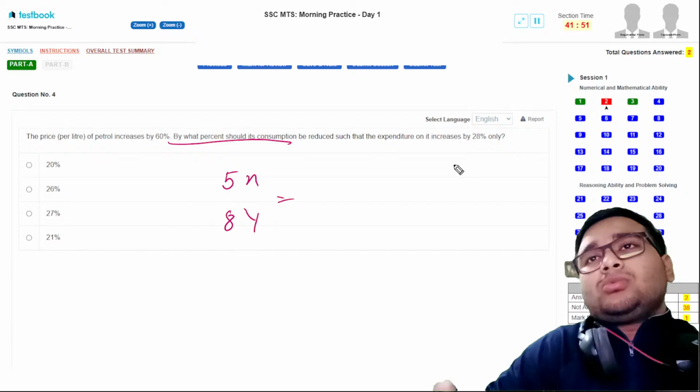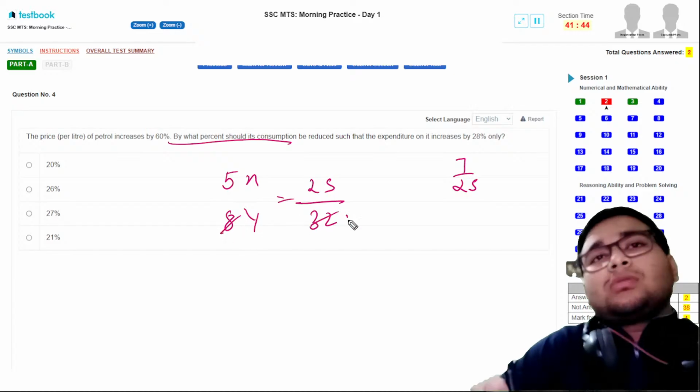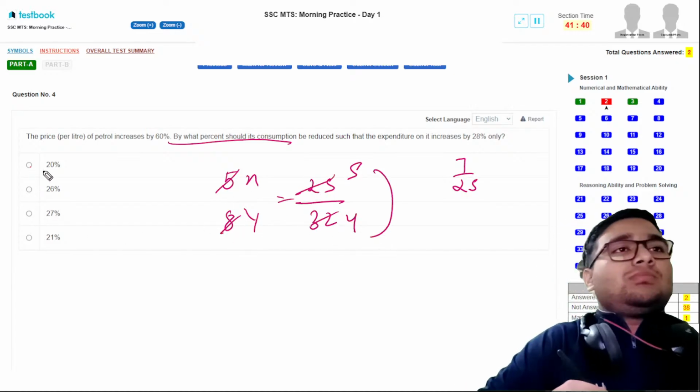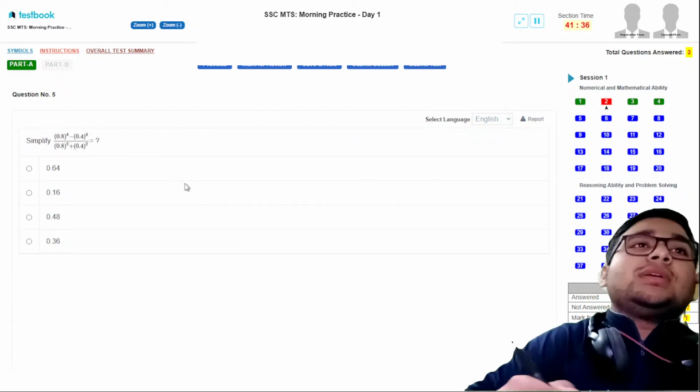It is increased by 28%. 7 upon 25. 52. Over the 6%. Simplify.